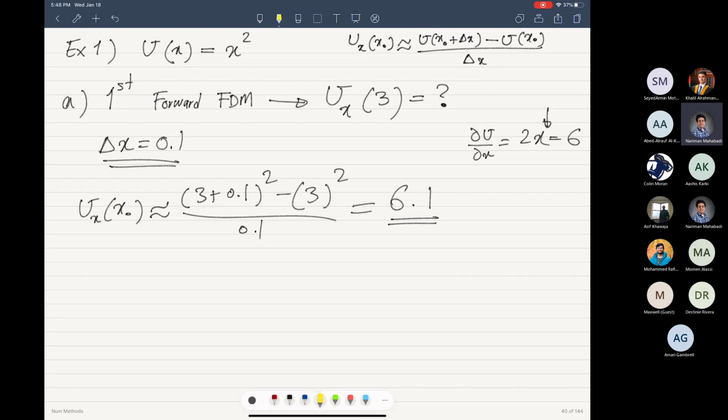However, our approximation actually shows 6.1. So really our error is how much? 6.1 minus 6 divided by the initial value, so 0.1 divided by 6. That's our error, and we can multiply this by 100 to get the error percentage.